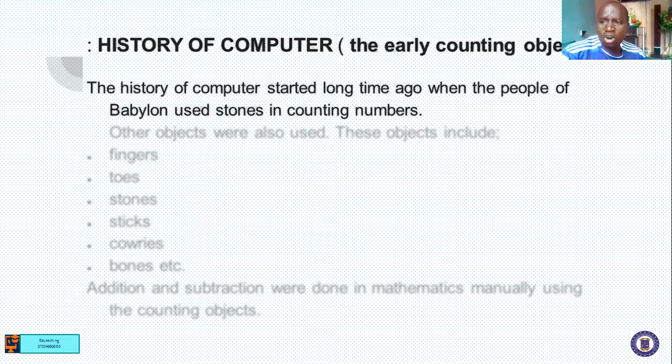They used all these objects to count numbers and keep record of items they have. For instance, most of them were farmers.